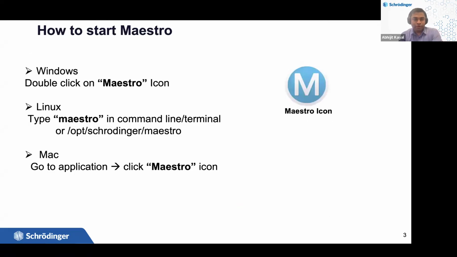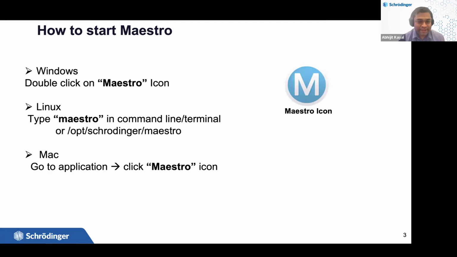So today, as I told, I'll be giving a demonstration on Maestro. If you are using Windows, you will see a Maestro icon, or you can search for it from the panel. You need to double click on Maestro and you can open the Maestro interface.